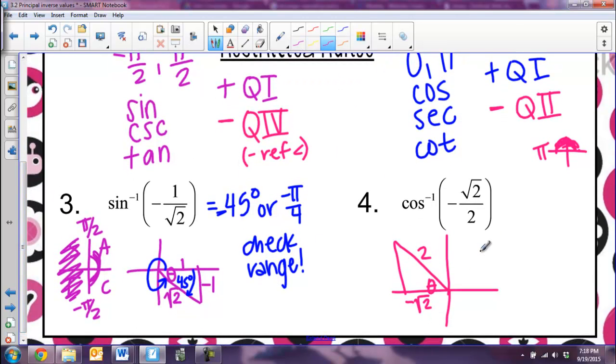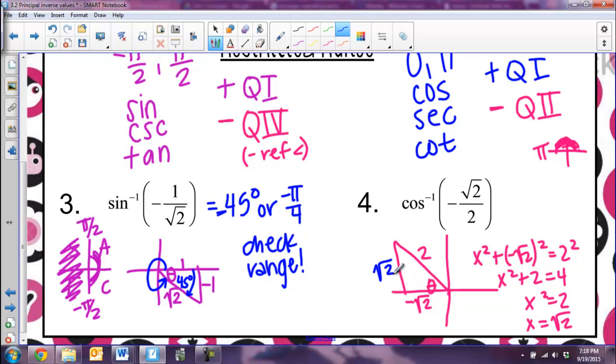So I would have that x squared, or whatever you want to call that, plus square root of negative 2 squared equals 2 squared. That gets me x squared plus 2 equals 4. So I would know that x is equal to the square root of 2. So I just found that missing side length there.